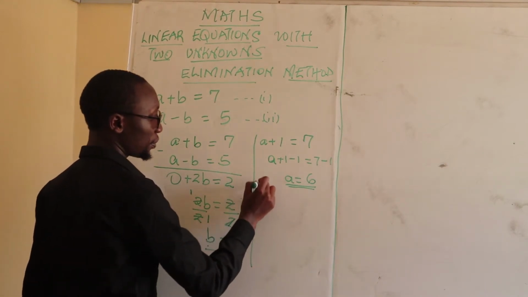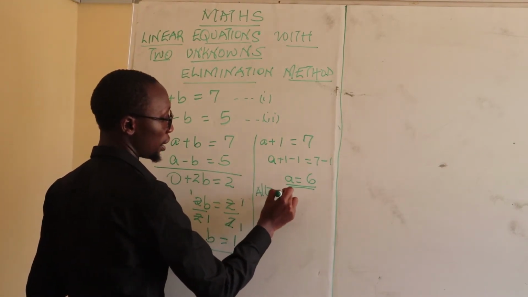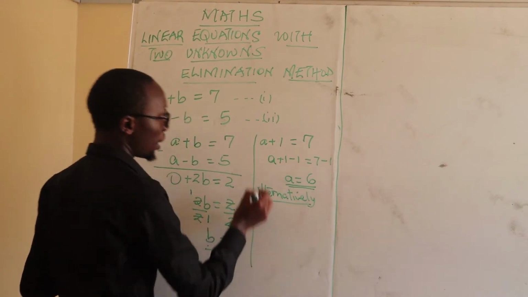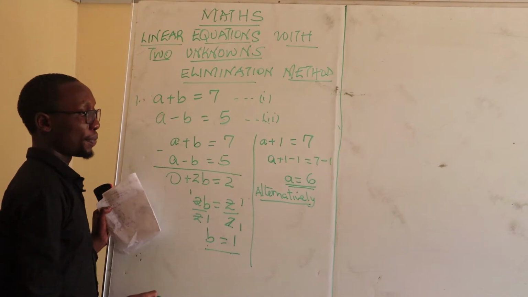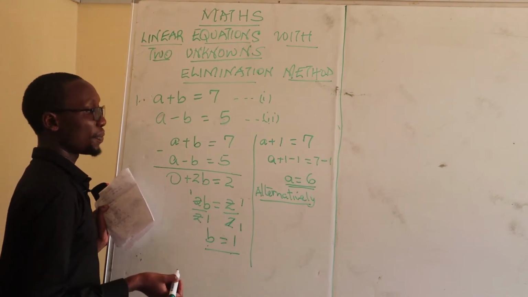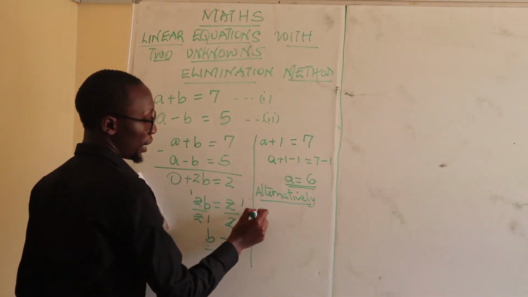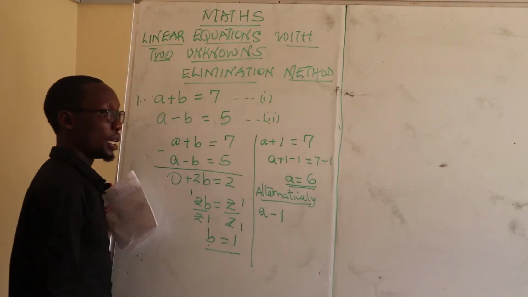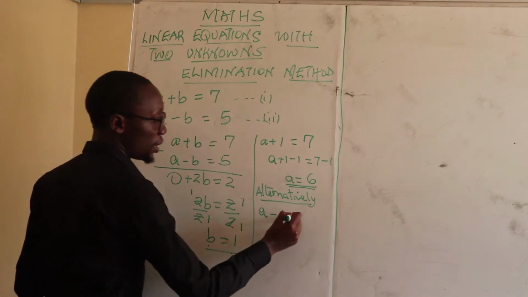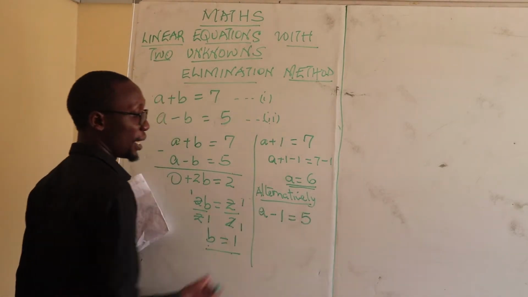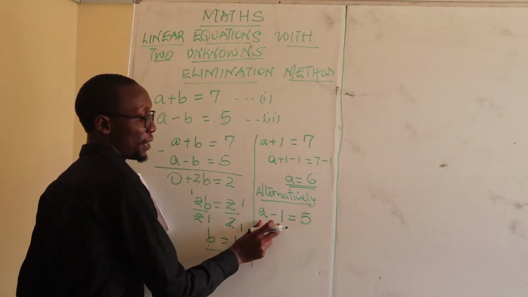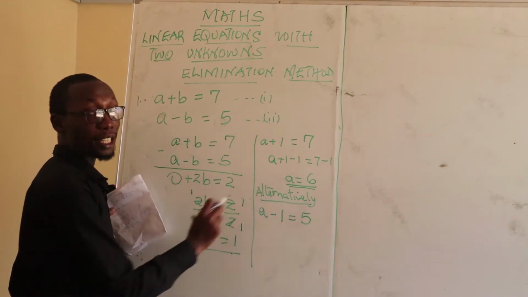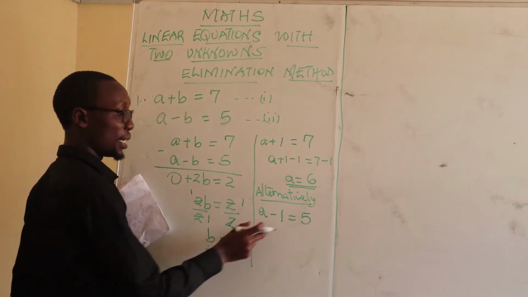Alternatively, we may decide to take the second equation. Now we are going to have A minus, instead of B, you substitute 1. This shall be equal to 5. To get the value of A, we add 1 on both sides, since 1 has been subtracted on this side.